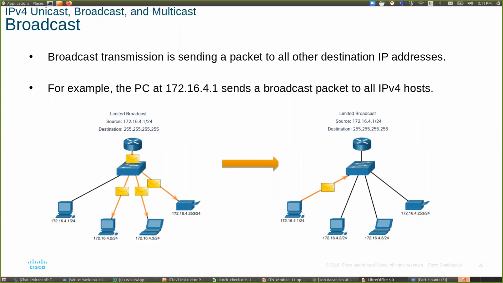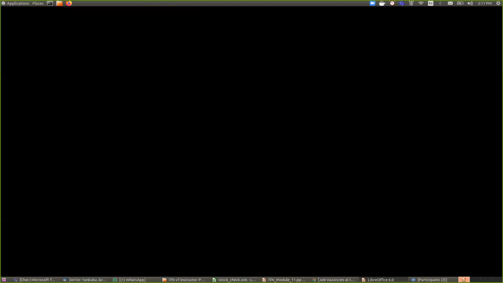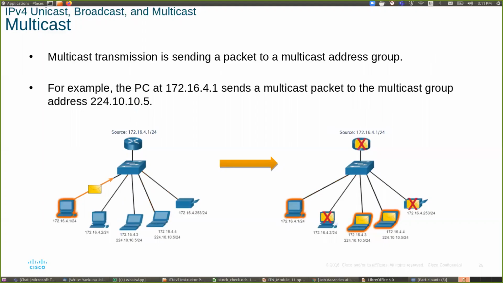In broadcast transmission, one computer can send to the entire group, from one to all. Then you have multicast, the final one. The multicast transmission is sending a packet to a group of computers in that network, but not all.